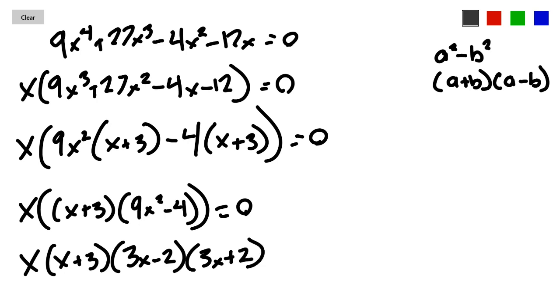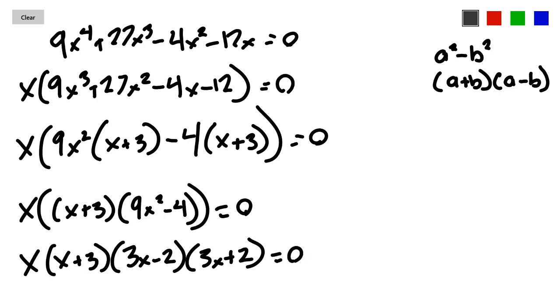Because in this case, a is equal to 3x, so a squared is equal to 9x squared, and b is equal to 2, because b squared is equal to 4. So let me just erase this real quick and set this equal to 0.